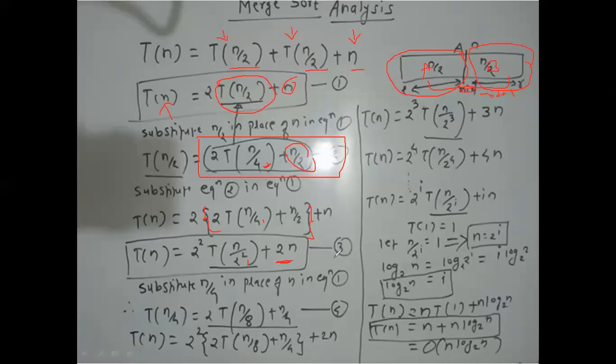Next, now I write n equal to n by 4. Sorry, n equal to n by 3 by the recurrence relation.